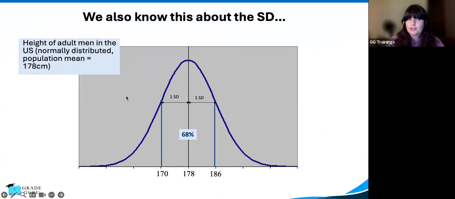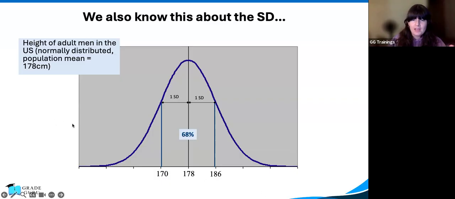We also know something about the standard deviation that allows us to divide the normal distribution into percentages. Because we know that 68% of our data lies within one standard deviation of the mean, if we were to ask this as a probability, the probability of randomly selecting a man from this population with a height of between 170 and 186 would be 68%.